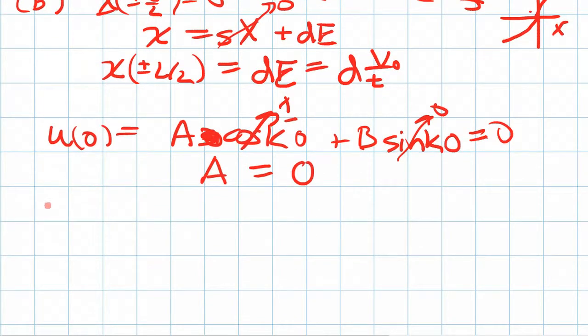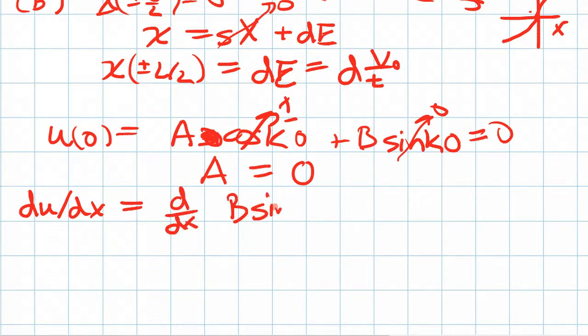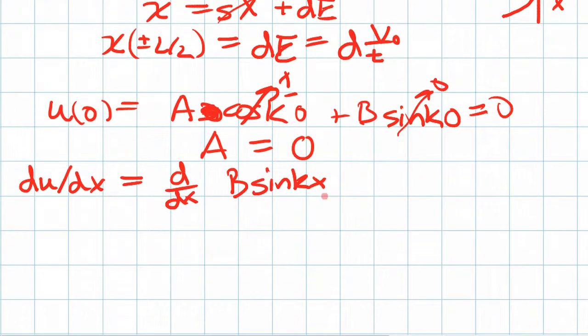Now we invoke the other condition. We have the strain, which is the derivative of u with respect to x, so the derivative with respect to x of B sine kx. We can bring along the voltage term if we like.